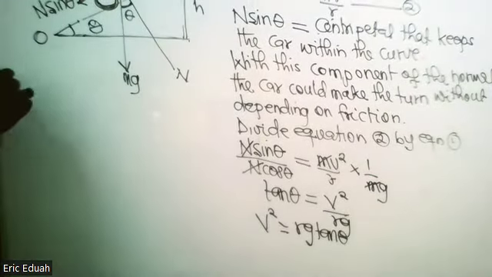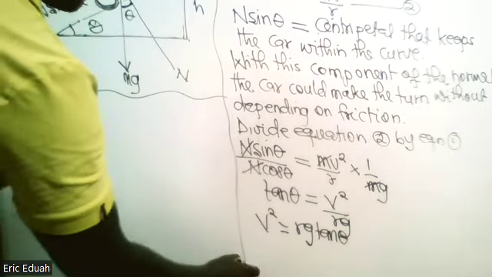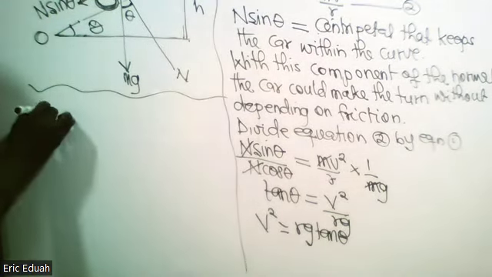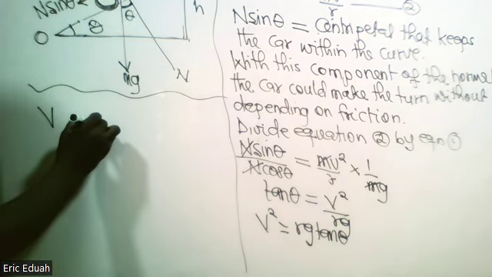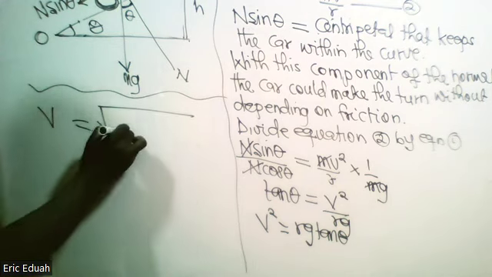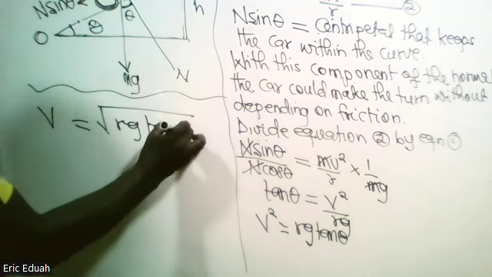And this v is an expression we have seen under conical pendulum. v is equal to the square root of rg times tan of theta.